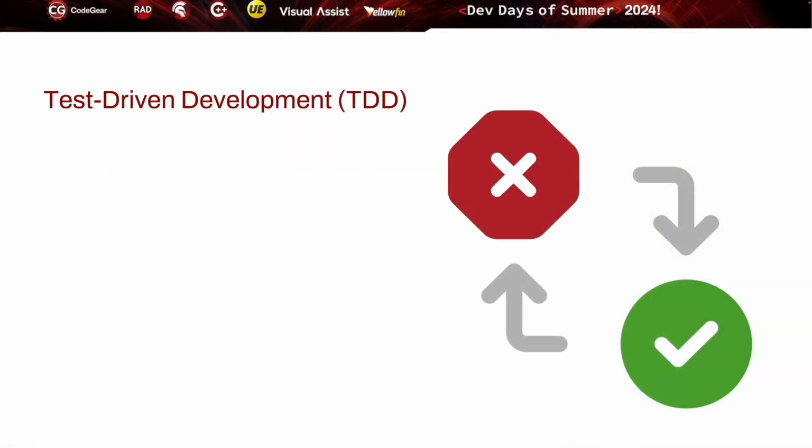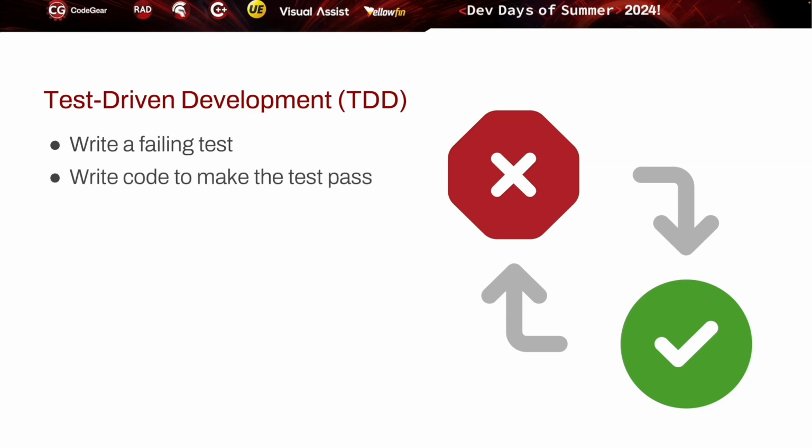So straight into testing. Test-driven development is generally how I work, and that's why I built WebMocks, and we'll go into more of that in a bit. But TDD, in its simplest form, is you write a failing test. So you write the tests first before you write any actual real code, and you then write the real code for your application or the class that you're working on, and you make the test pass.